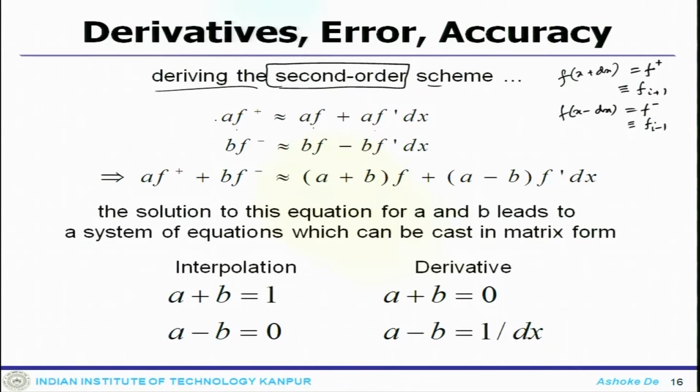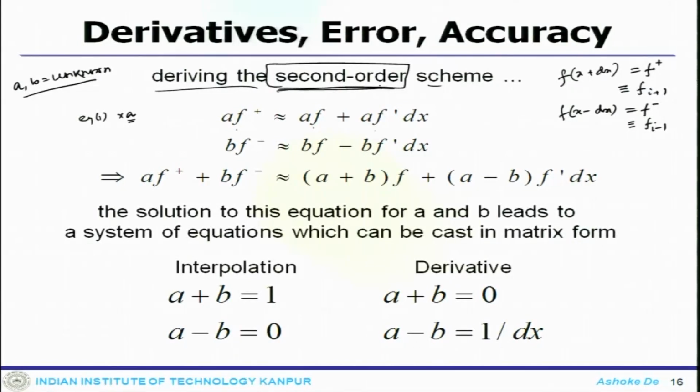Okay. So, first case, this is equation 1 multiplied with a weighting factor A. So, A is unknown here. A, B, these are unknown, and what we are trying to do here is find A and B in a systematic way, so that you can get an expression which is second order accurate. Okay.